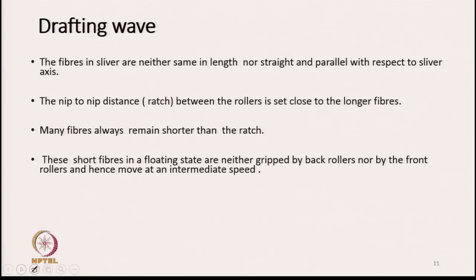They are not straight, they are not parallel to each other. The nip to nip distance, that is the ratch between the rollers, is set close to the longest fiber. We always try to keep it close to the longest fiber, because we want to make sure the long fibers do not get stretched and break while the fibers are being drafted together.